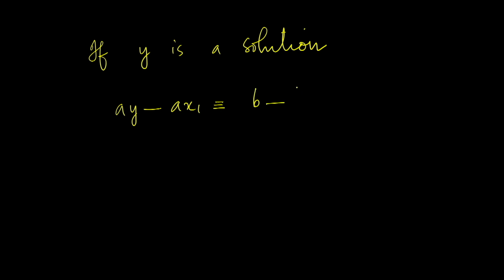Suppose y is some solution. If y is a solution, then ay minus ax1 is congruent to b minus b, which is congruent to 0 mod m. y is a solution, so ay is congruent to b mod m. x1 is a solution, so ax1 is b mod m. Therefore, when you subtract, we have a times y minus x1 is 0 mod m.